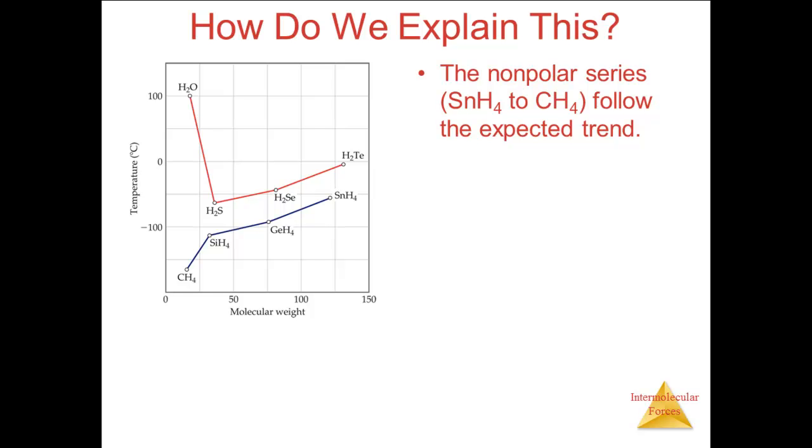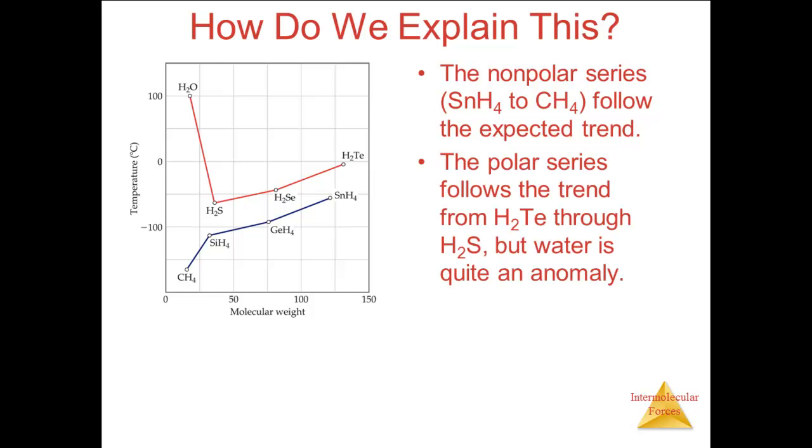This shows a graph of boiling point versus molar mass for two series of compounds, one polar and one nonpolar. For the nonpolar series, CH4, SiH4, GeH4, and SnH4, the boiling points follow the expected trend, with the boiling point increasing as the number of electrons increases.